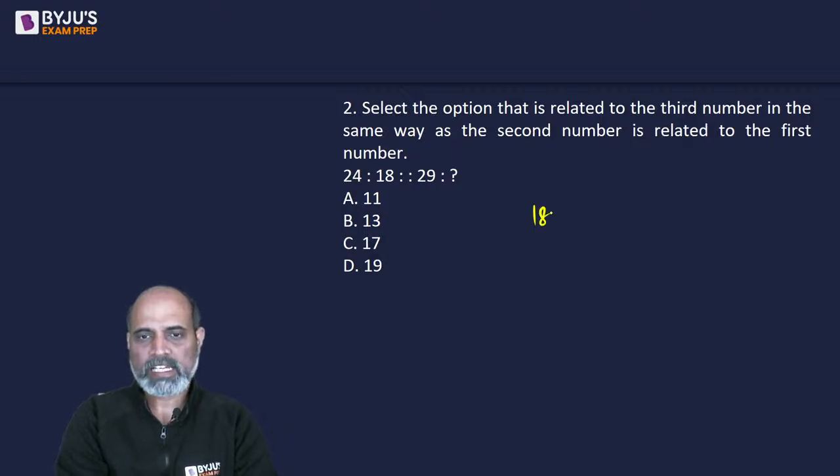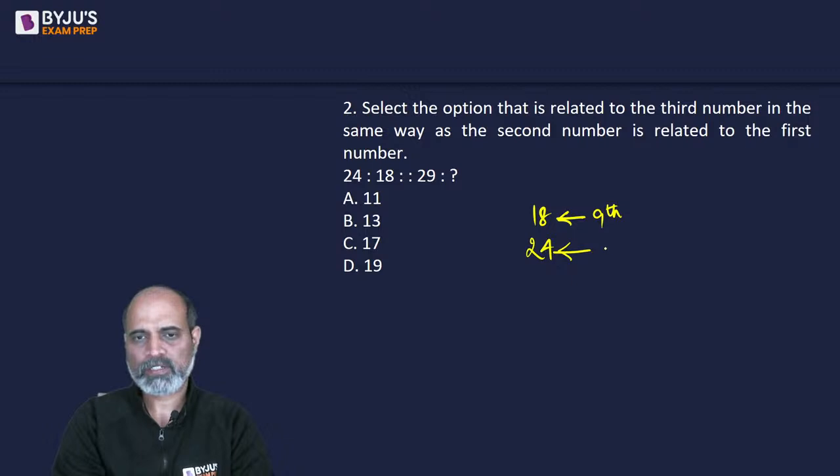So 18 is our 9th even number and 24 is our 12th even number.